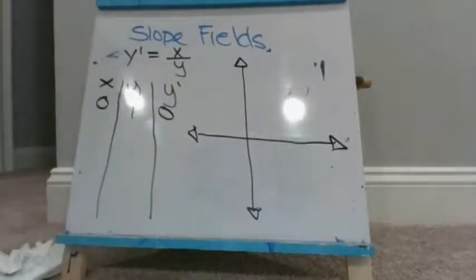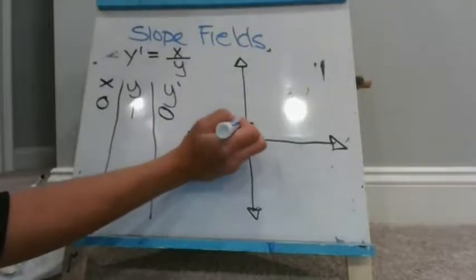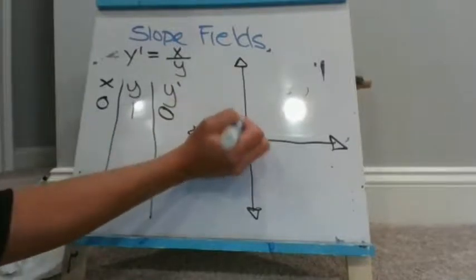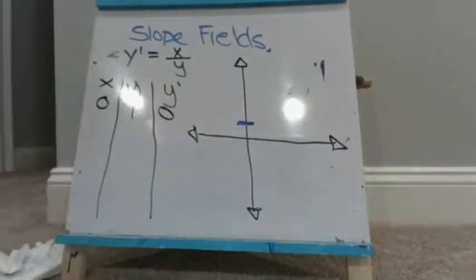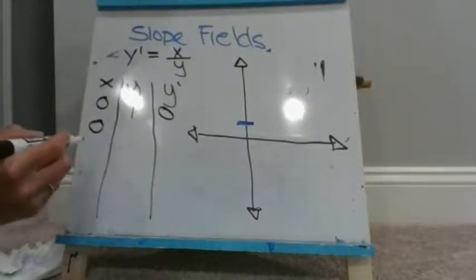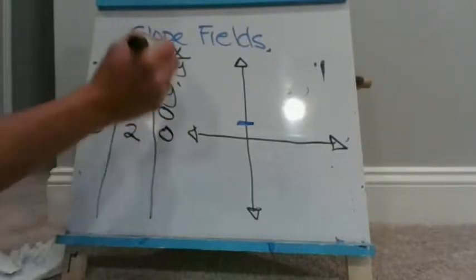So when x is 0 and y is 1, that's this point right here, my slope is 0, a completely horizontal line. And you know what? If x is 0 and y is 2, I still get 0, because 0 over 2 is 0.